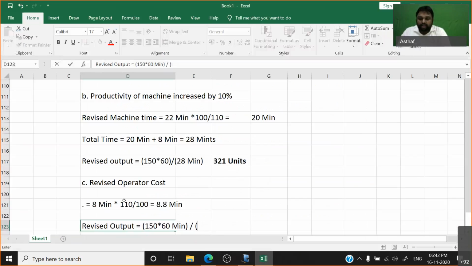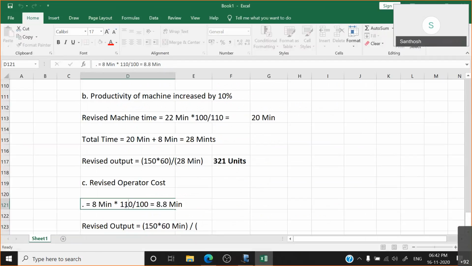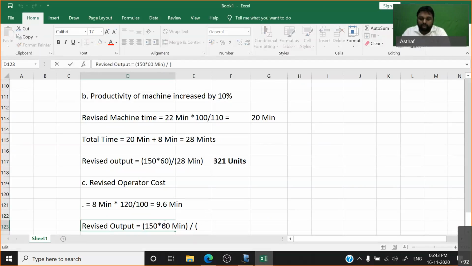It is not 10, sir, it is 20. It's a typing error. It is 20. So we have to make 9.6 minutes. It is 20. I have wrongly typed it as 10.